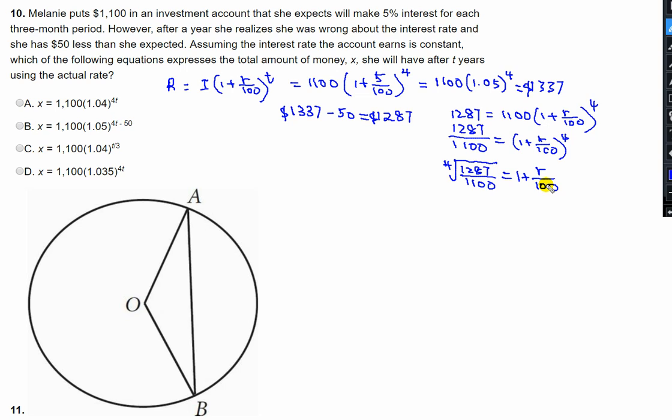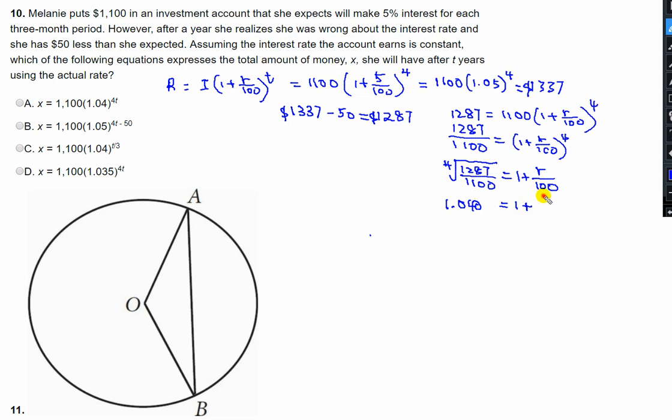Now we're going to find this value over here. It's 1287 divided by 1100, and then we take the fourth root of it. Your answer is actually 1.040.